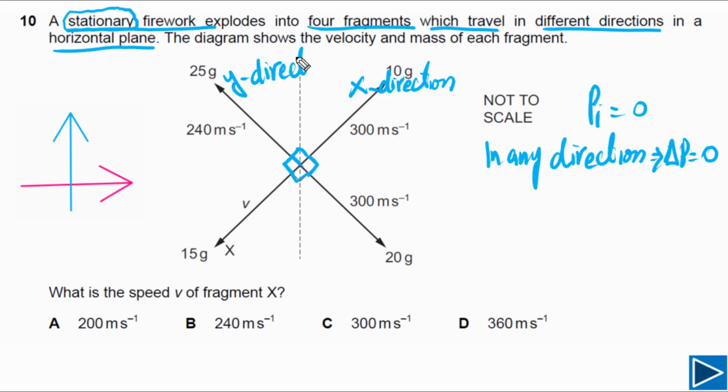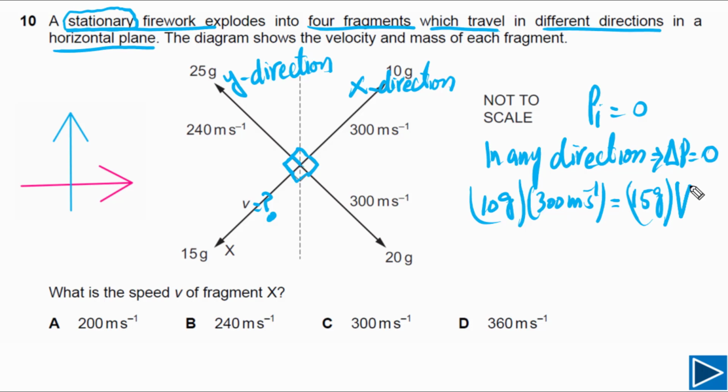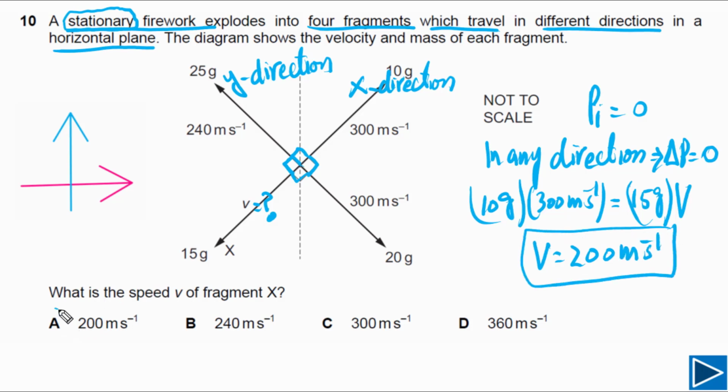We need to find the velocity of this fragment x. For this one it is given to us, we have the mass of this fragment and we have the velocity. So we can say that 10g times 300 meters per second has to be equal to 15g times, let's say, velocity v. From here we find that v will be equal to 200 meters per second. So our answer is A.